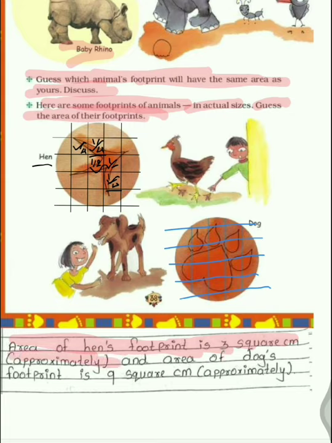Okay, it is not sure, no one can say for sure, but approximately it is 3 square centimeter. Maybe it is 2.5, maybe it is 3.5, maybe it is 3 1/4. Okay, we are not sure about it. Clear? Now we will go for next, dog's footprint.